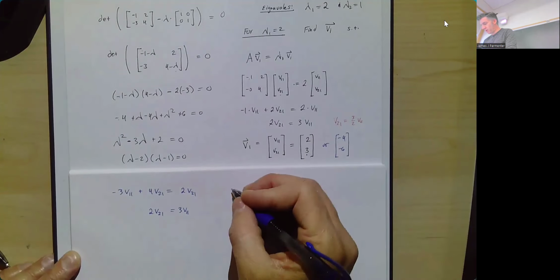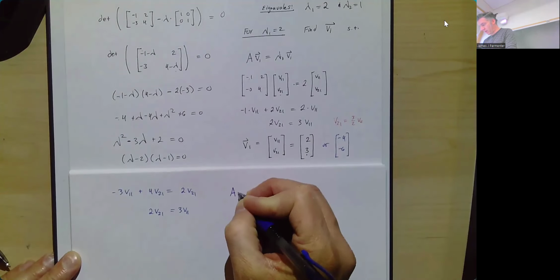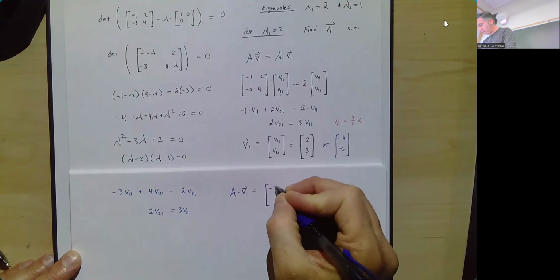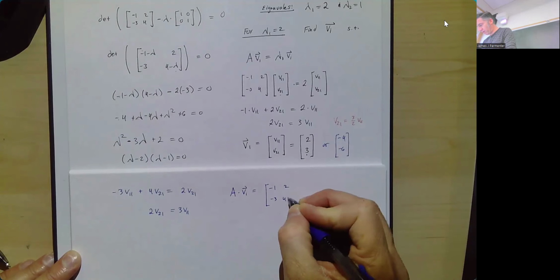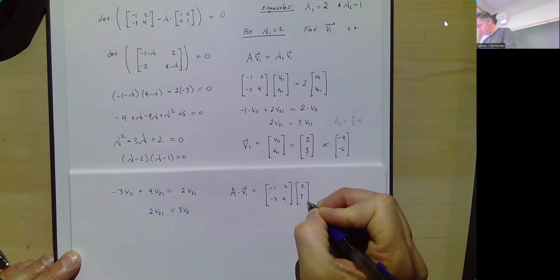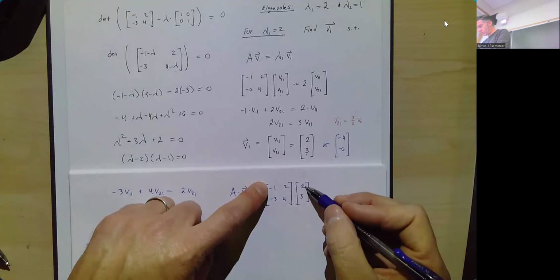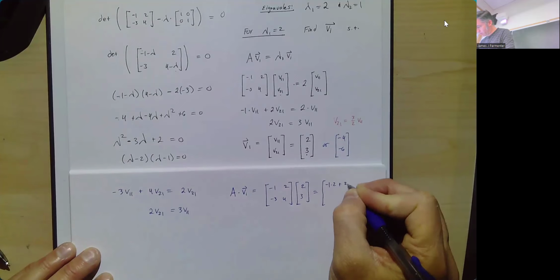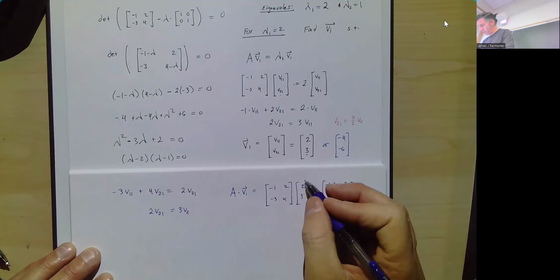And then I'll just mention here that if you take your matrix A times your eigenvector V1, you get -1, 2, -3, 4 times the vector 2, 3. If we actually do the multiplication, -1 times 2 plus 2 times 3 is the first row with the first column.